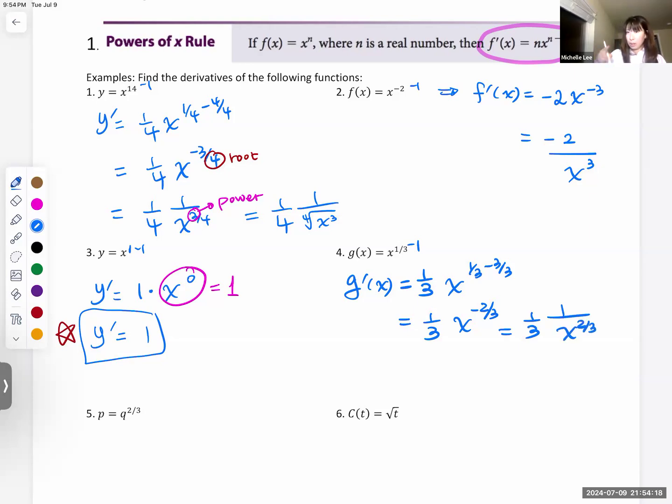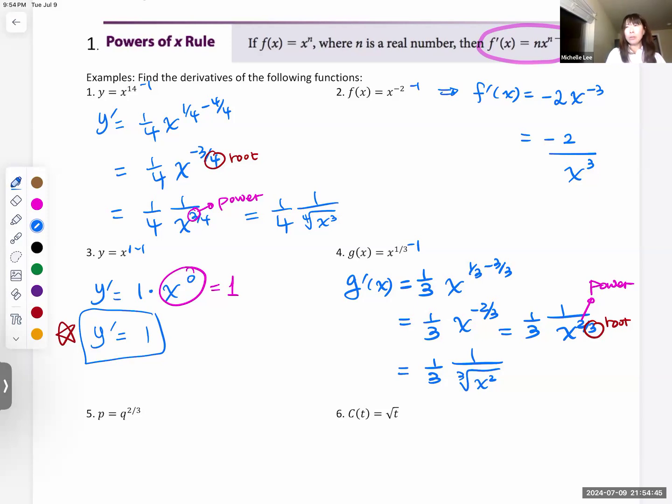The denominator will be the root, and the numerator will be the power. So this is the power. So we will get 1/3, 1 over the cube root of x squared, right?